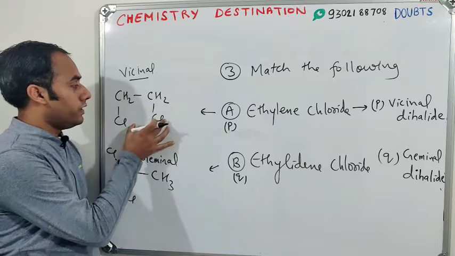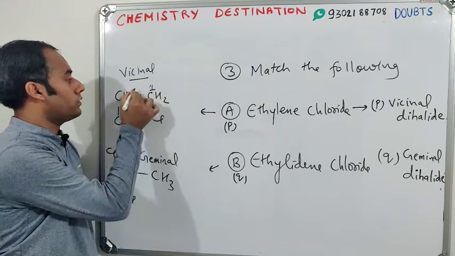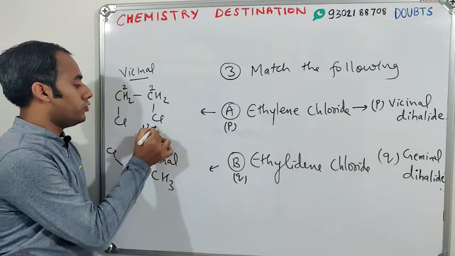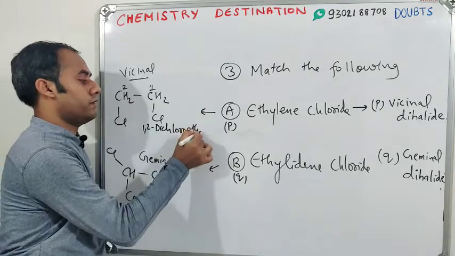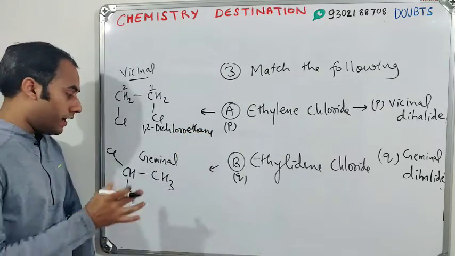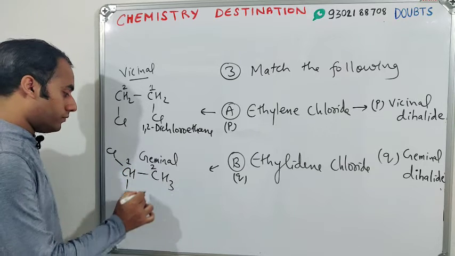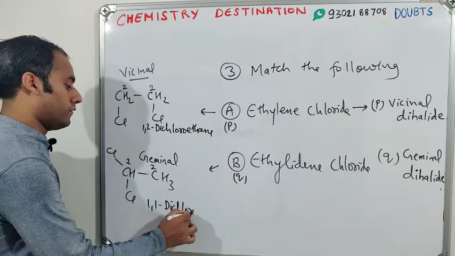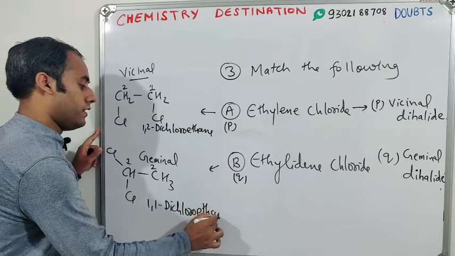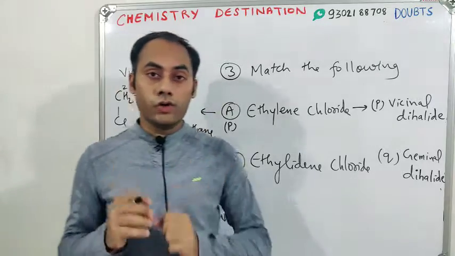The IUPAC name of this compound will be 1,2-dichloroethane, and the IUPAC name of this compound will be 1,1-dichloroethane. Okay, so I hope question number 3 is clear to you.